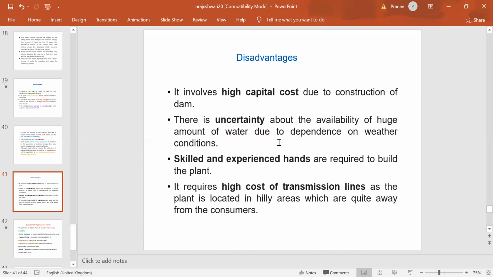And there is an uncertainty about the availability of huge amount of water due to the dependence on weather conditions. So there will be an uncertainty because the huge amount of water is dependent on weather conditions only. If it is rainy season, heavy water is available for producing electrical energy.